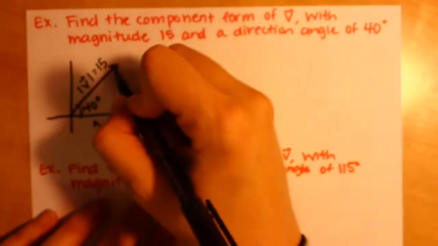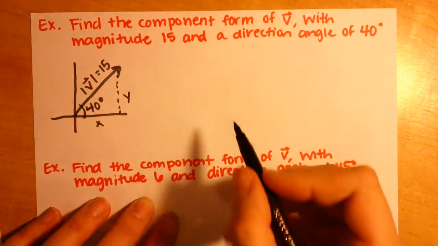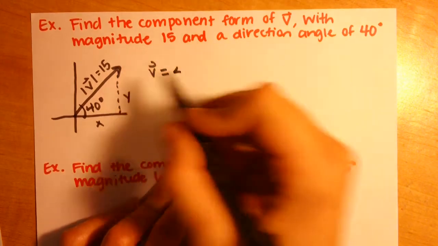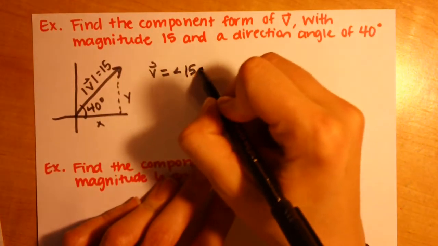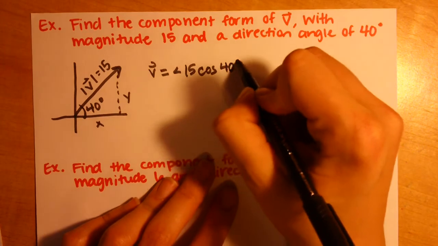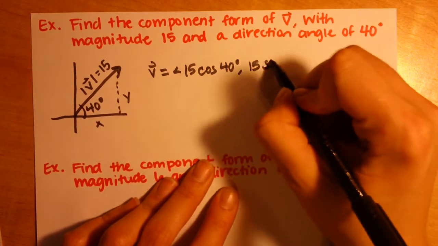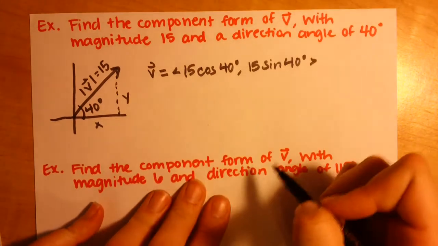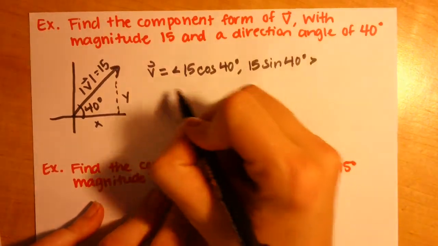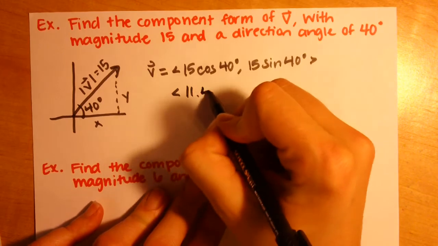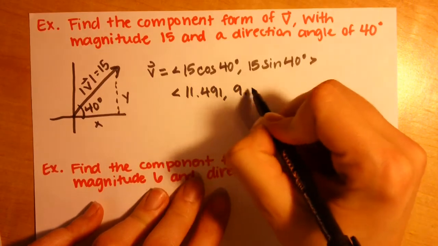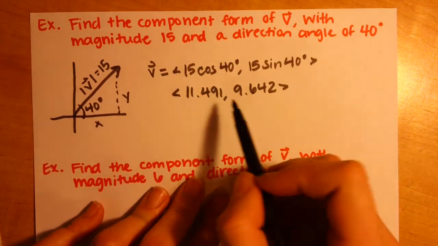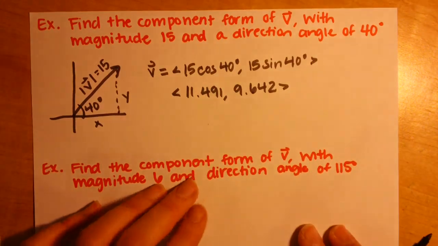If this is our x and this is our y, then x is the magnitude times cosine of the angle, and y is the magnitude times sine of the angle. Then you can put that in our calculator, making sure we're in degree mode. We get 11.491, 9.642. So this is the component form using our direction angle.